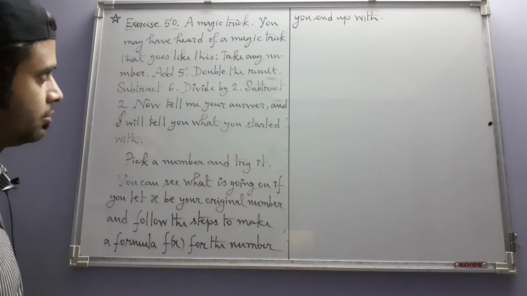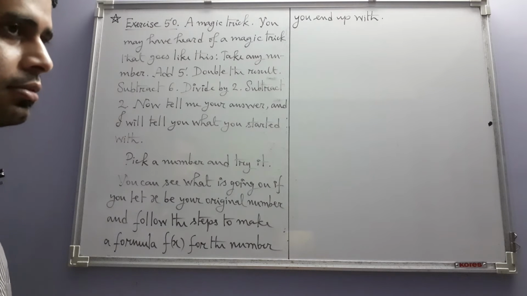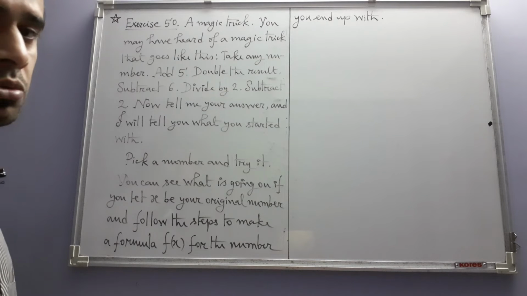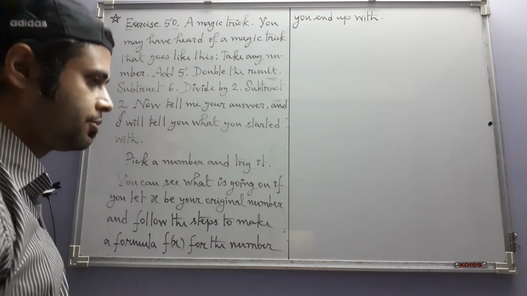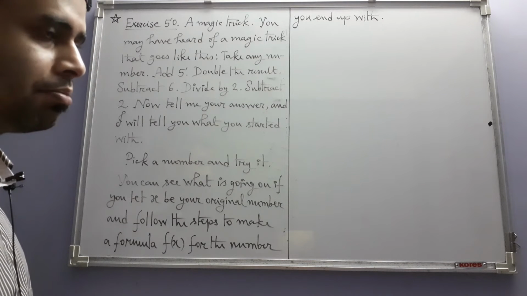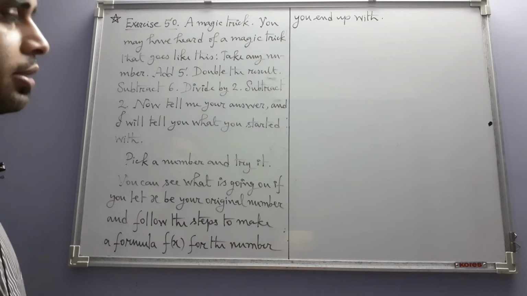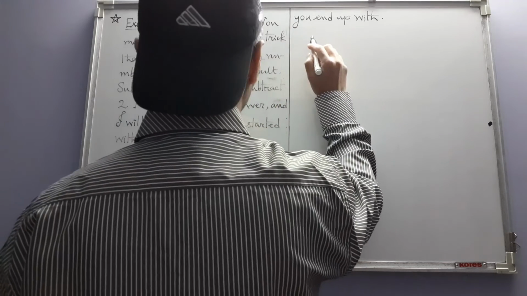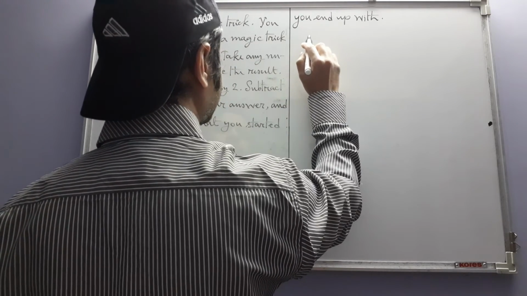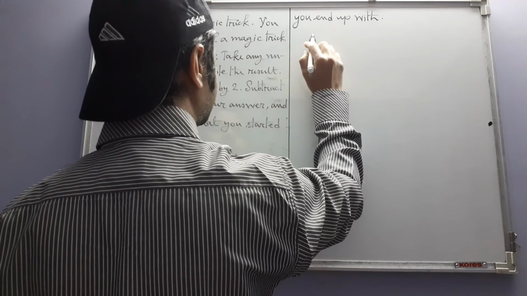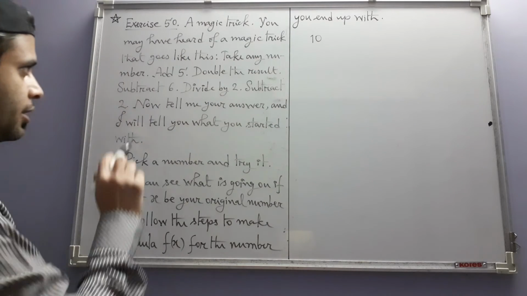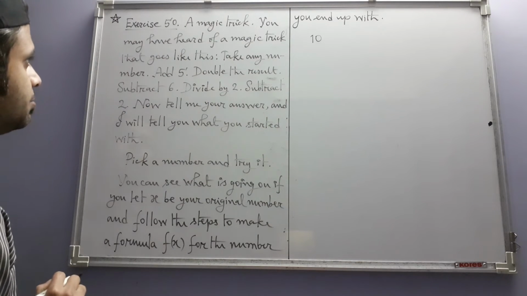Okay, before we do that, let us do this thing. Let us take not just a single number, but maybe two numbers. By number, actually we can take any number, but usually, to keep the calculation somewhat manageable, positive integers are taken. So let us take the number 10 and follow the steps given here.